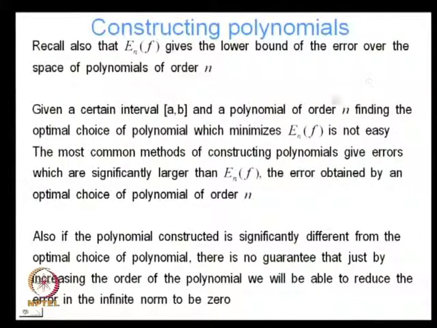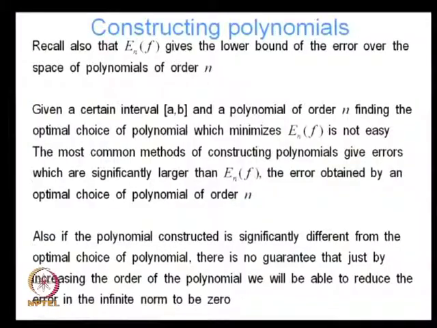So if we construct a polynomial, any polynomial, using schemes we will talk about later, there is very little chance that that polynomial is the optimal polynomial. The error it gives may not be anywhere near the lowest error, for which we would have to try all the polynomials of that order and find the one which gives the lowest error, but that is an extremely expensive process.